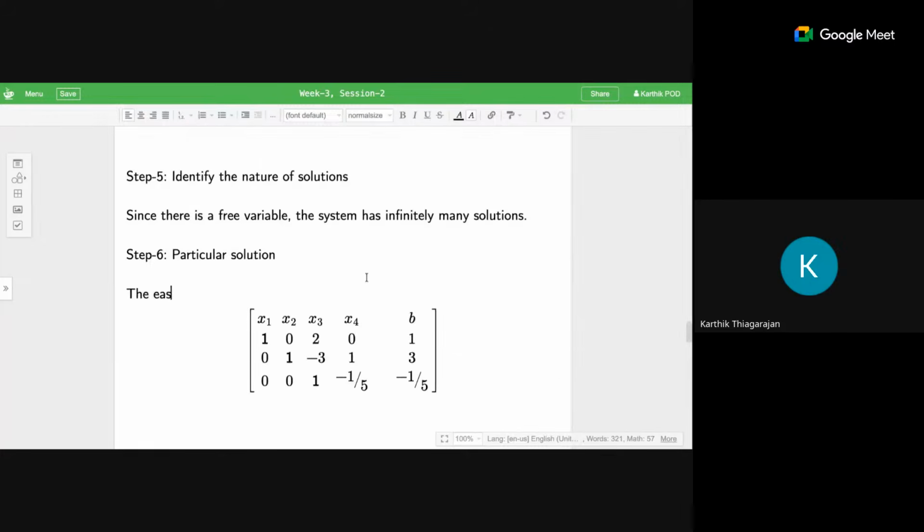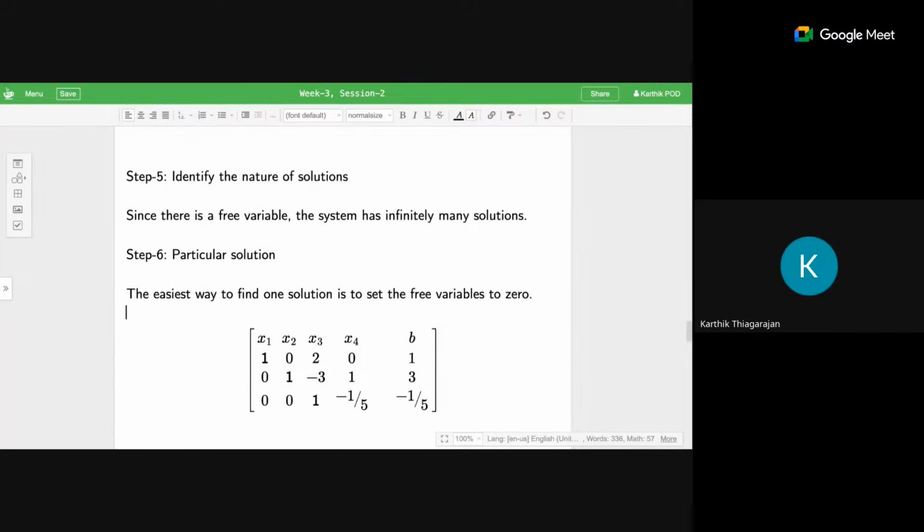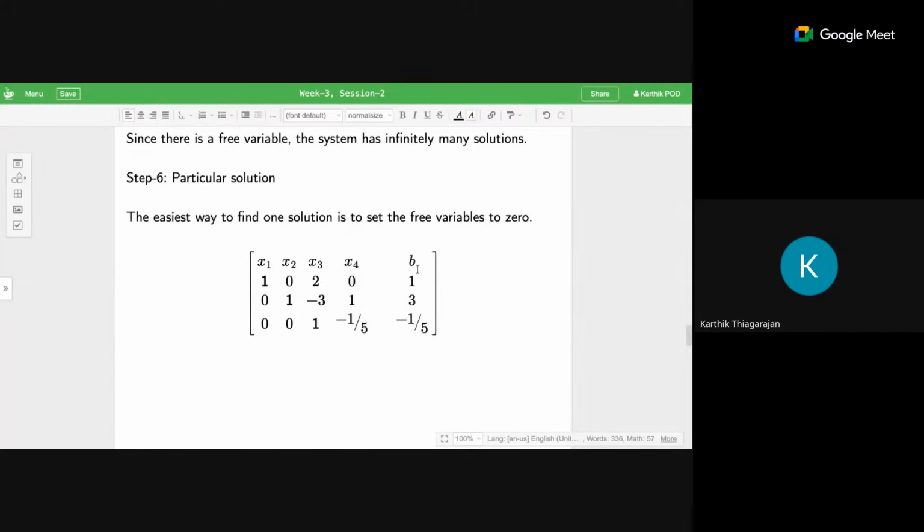The easiest way is to find one solution, which is to set the free variables to 0. This is a common step. If you set the free variable to 0, then you can solve for the pivot variables.